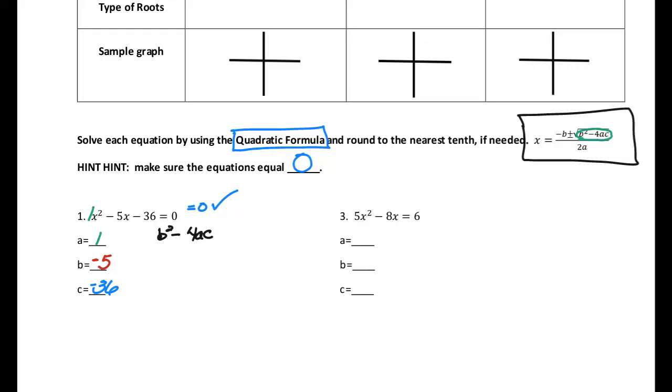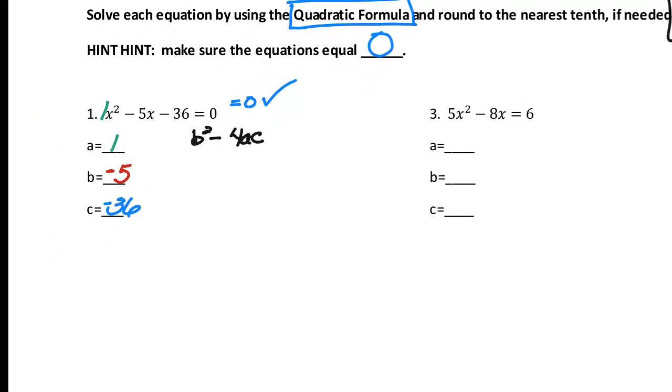So we are just doing the discriminant first. All right? So b squared. B is negative 5. Let's square that, meaning taking it to the second power, minus 4 times my a value of 1 times my c value of negative 36.